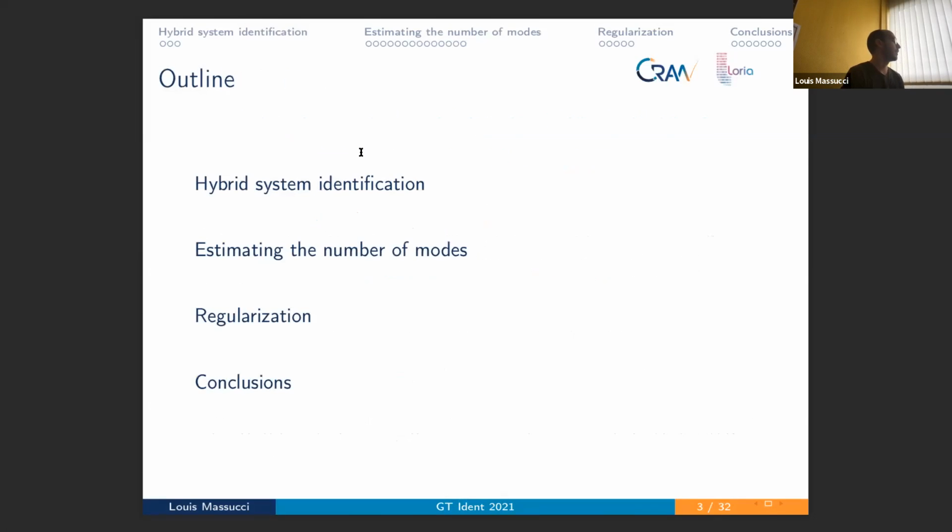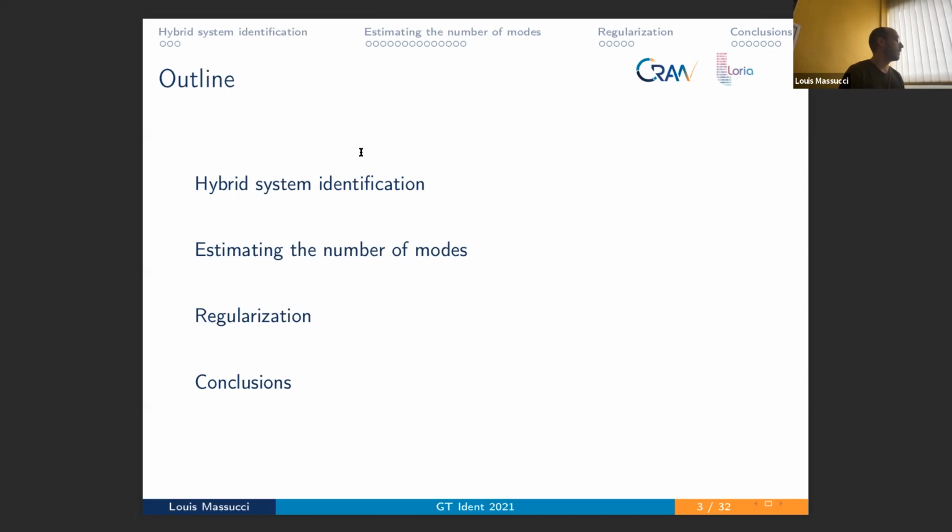So here's the outline. First, I will present the specific context of hybrid system identification, and so the problem of hybrid system identification. We'll focus on switch systems, which are systems composed of multiple modes that will arbitrarily switch from one mode to another according to a switching sequence.